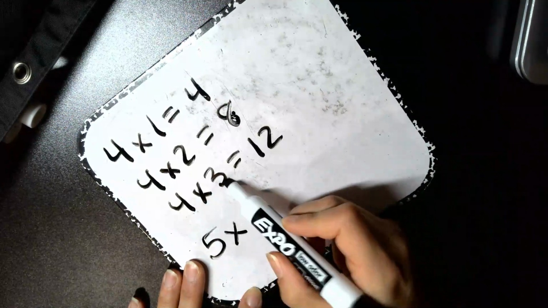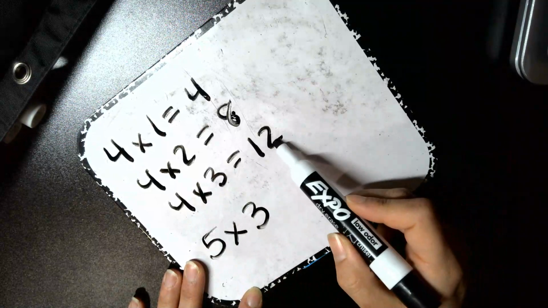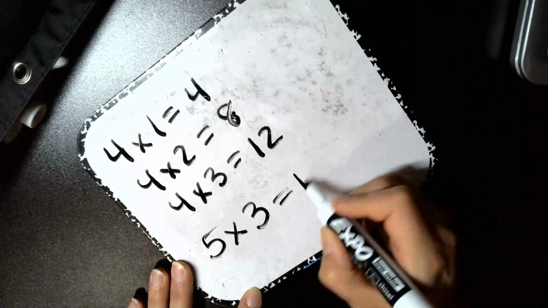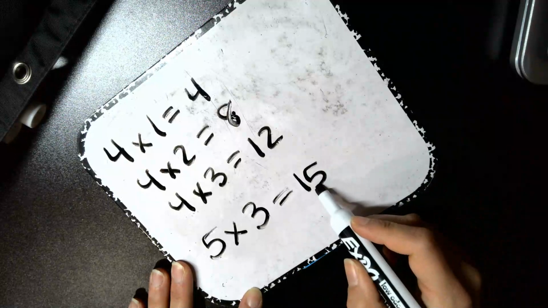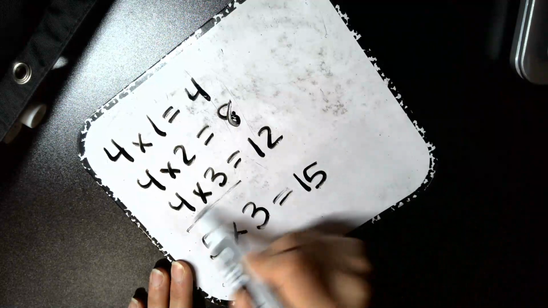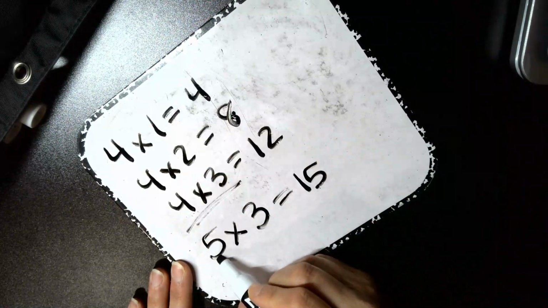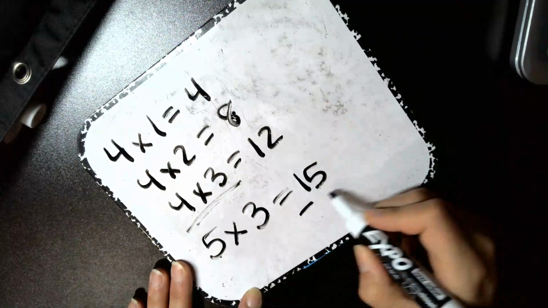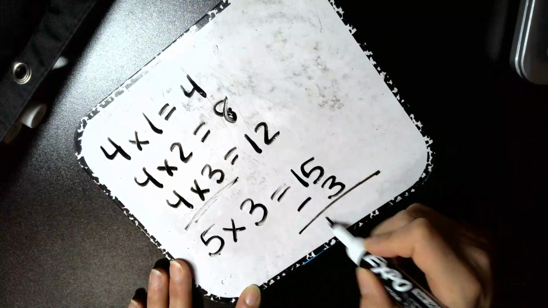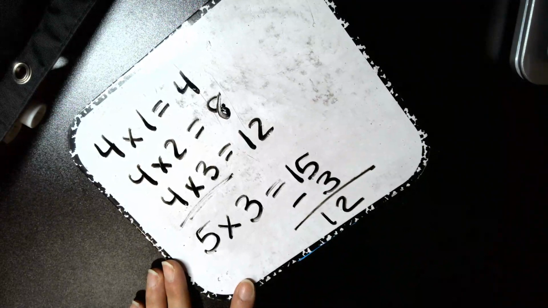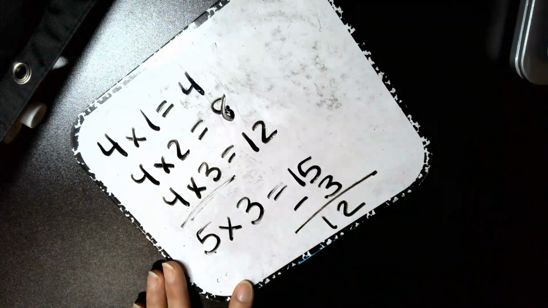We know that 4 times 3, that's 4 groups of 3, equals 12. Well, we know 5 groups of 3 equals 15. So if we don't know what 4 times 3 is, we know 5 times 3 is 15, and that is 1 more than 4, so you can just subtract a 3, and that will give you the 12. So that's a trick for the 4's, because the 5's are pretty easy.